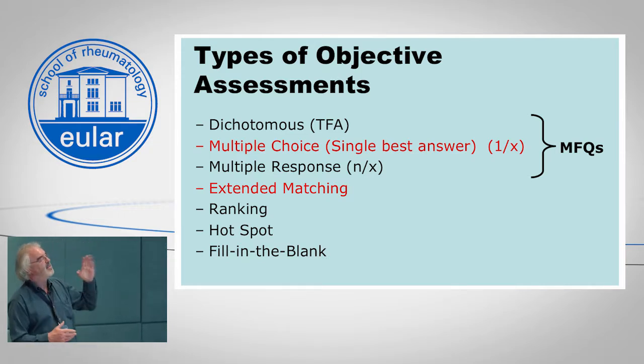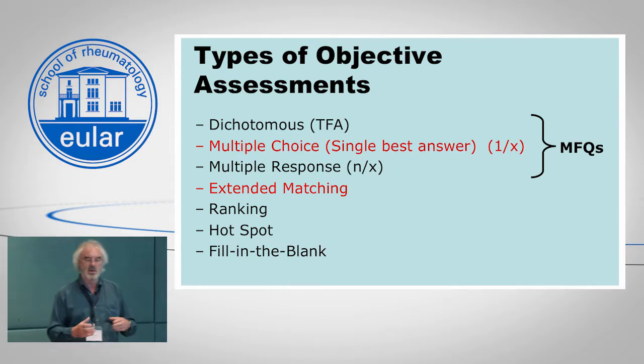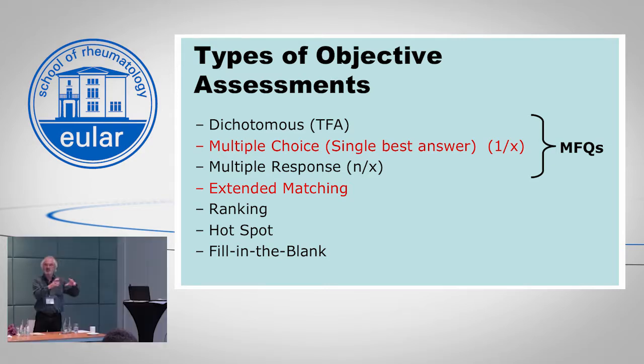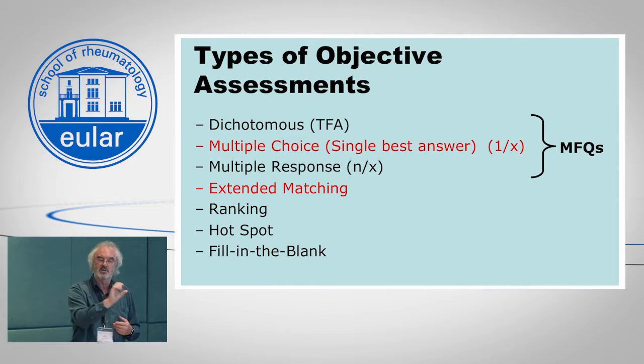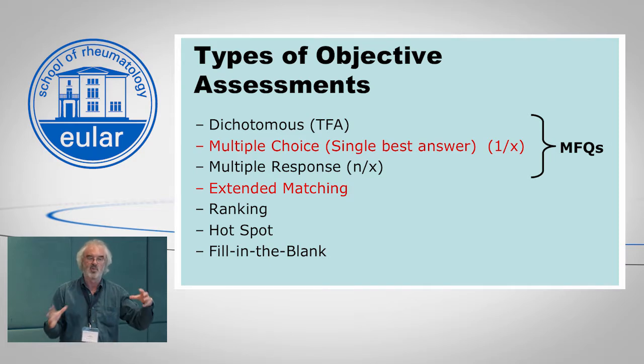Then we have extended matching, where you're matching one list with another list. Often one list, as we will show, might be a list of clinical scenarios, and another list might be a list of diagnoses, or some management options, or some drugs, or some investigations, and you're matching one list onto the other.